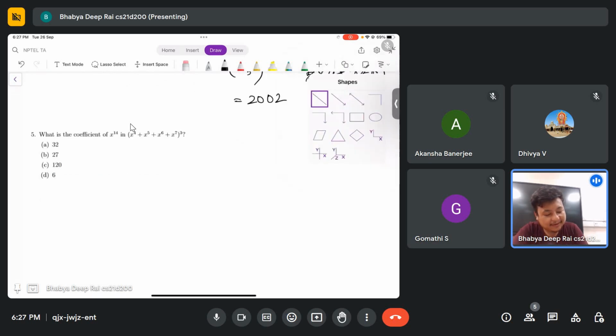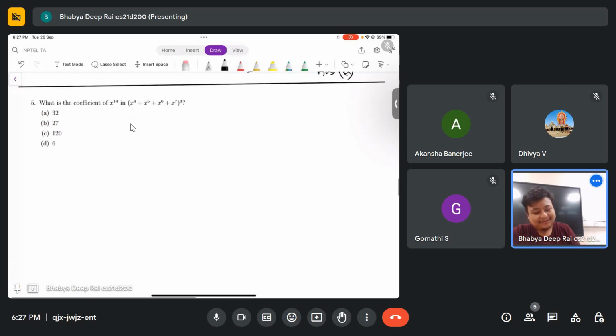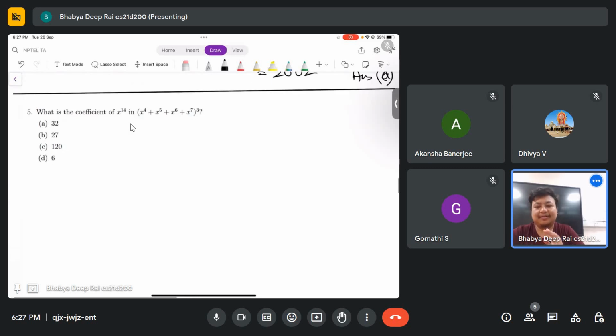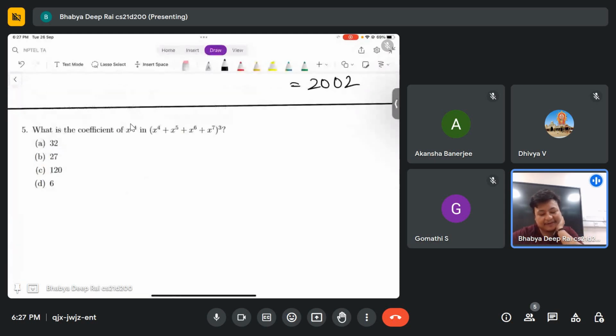There is a certain trick for how to do this, and this trick does not work always. But the question is very similar again this time. The question says, what is the coefficient of x to the 14 in (x to the power 4 plus x to the power 5 plus x to the power 6 plus x to the power 7) whole cube?